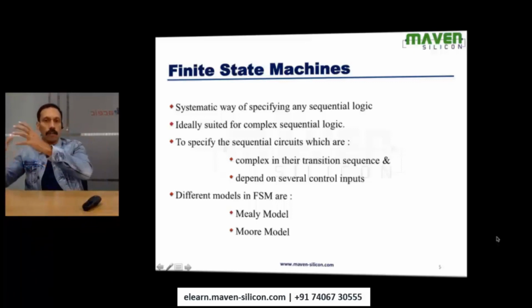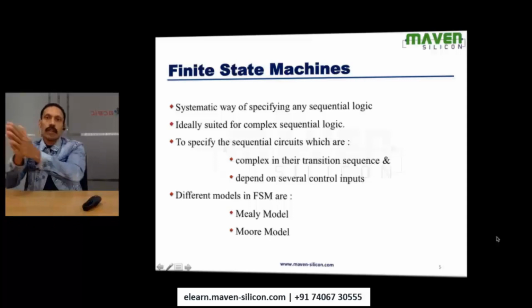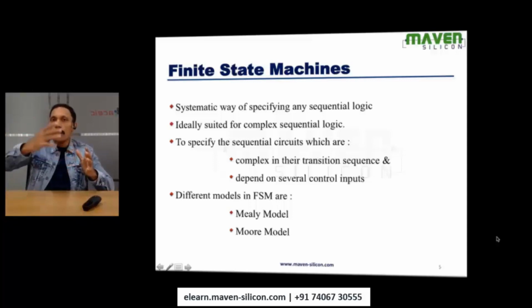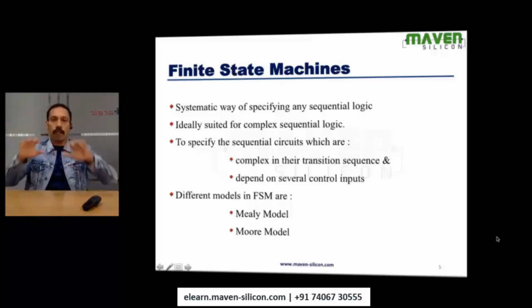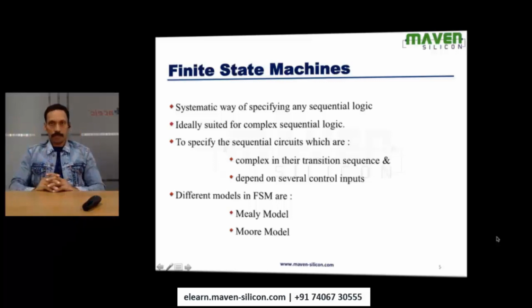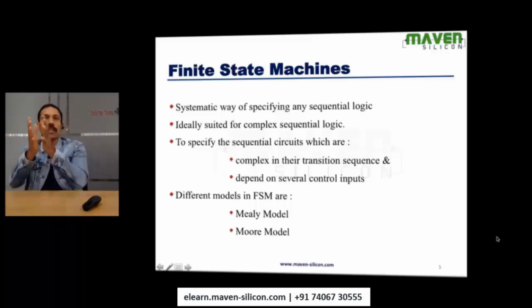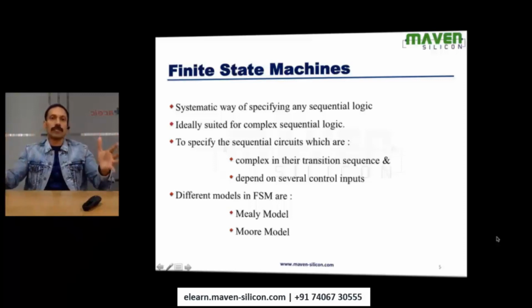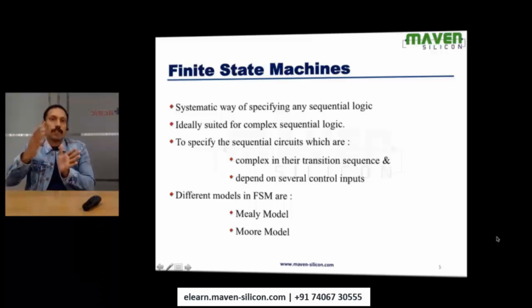Again, there are different kinds of inputs, and based on the inputs, it gets into a new state, and based on this state, it produces a different kind of output. Like this, the circuit is moving through various possible states. Now, if you consider the number of states, it's huge. So in this case, we use a finite state machine to define this kind of complex functionality in terms of states. It's very straightforward. So it's a systematic way of specifying sequential logic.